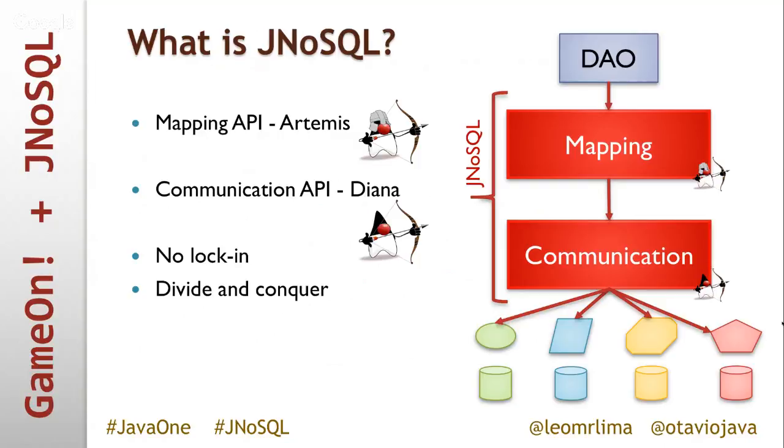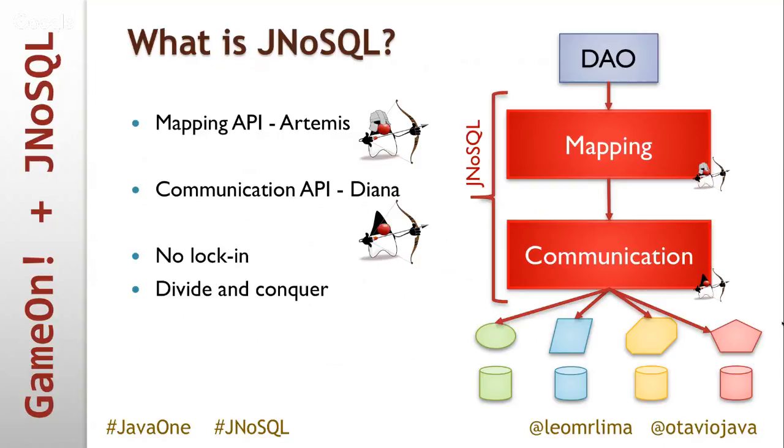The idea is to avoid lock-in and to have a divide and conquer approach: let's focus on what each layer does best and what each database does best, and build something that is easy to use after you join all the modules you need. The name of the mapping layer is Artemis, and the communication layer is Diana. Otavio is really into Greek mythology, so that's where the names came from, and the examples also came from.